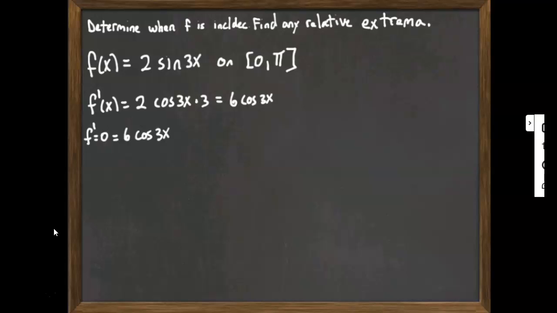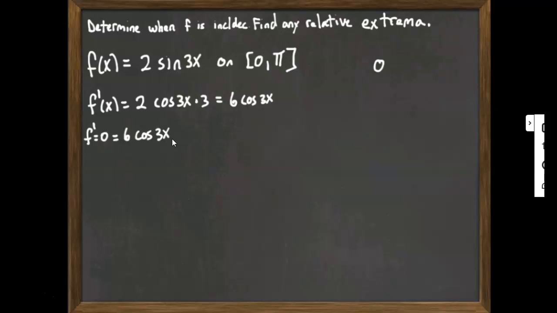Now, a quick word about trig functions. When you have some angle inside the trig function other than just x or theta, we need to understand what's going on here and how far we need to go to find our solutions. The original variable is limited to the interval 0 to pi. But see, our angle is not x, it's 3x.